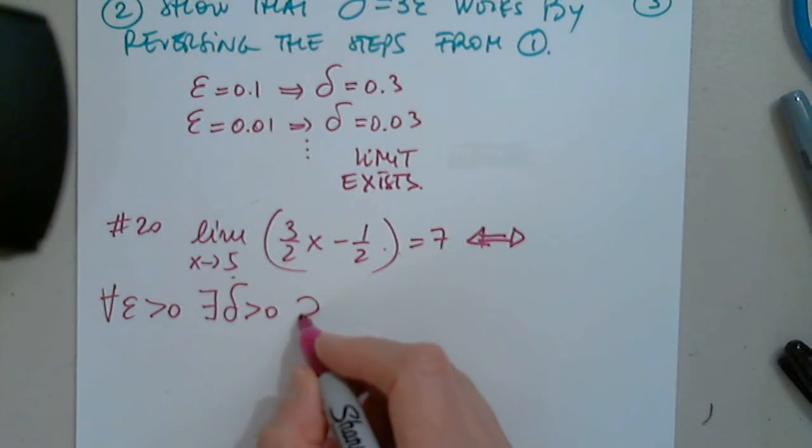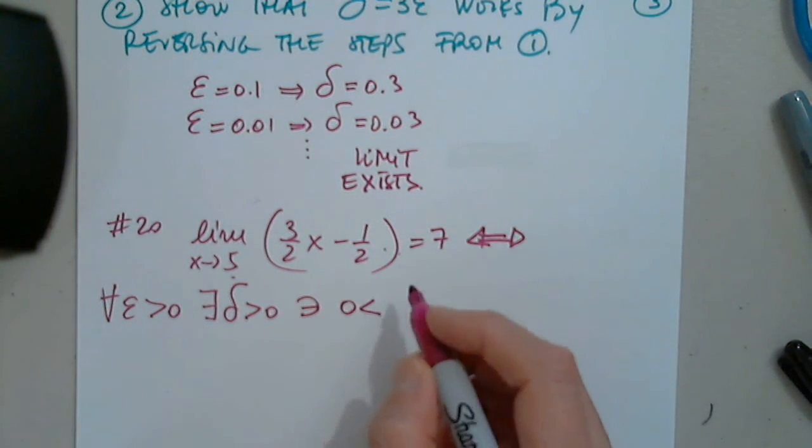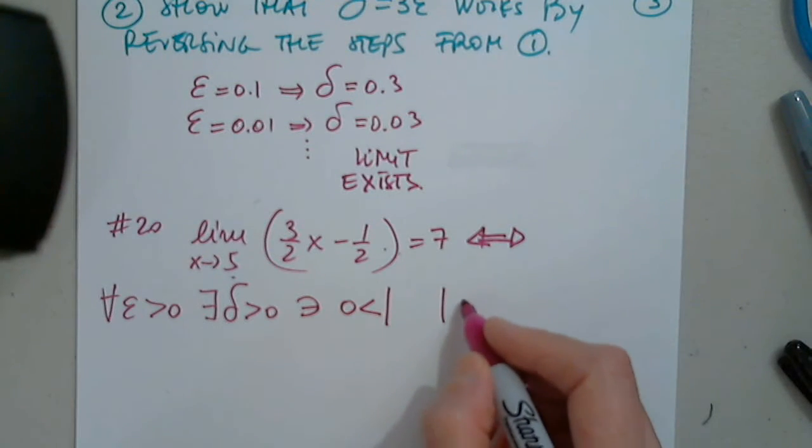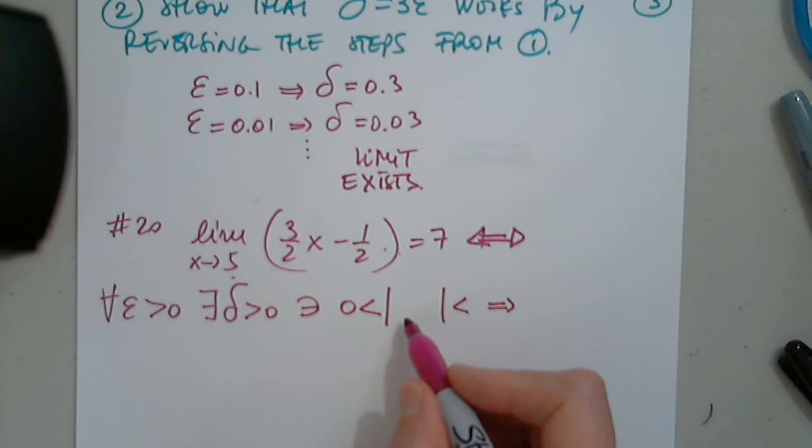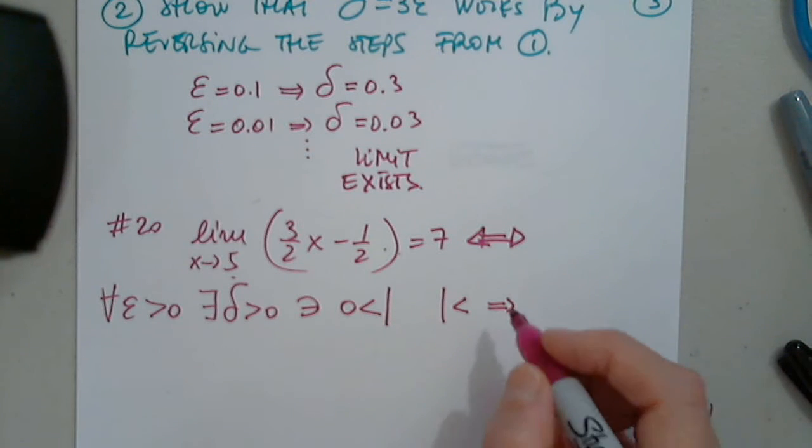Such that whenever I pick, can anyone tell us what to write now? 3 over 2x minus 1/2. We're talking about delta.